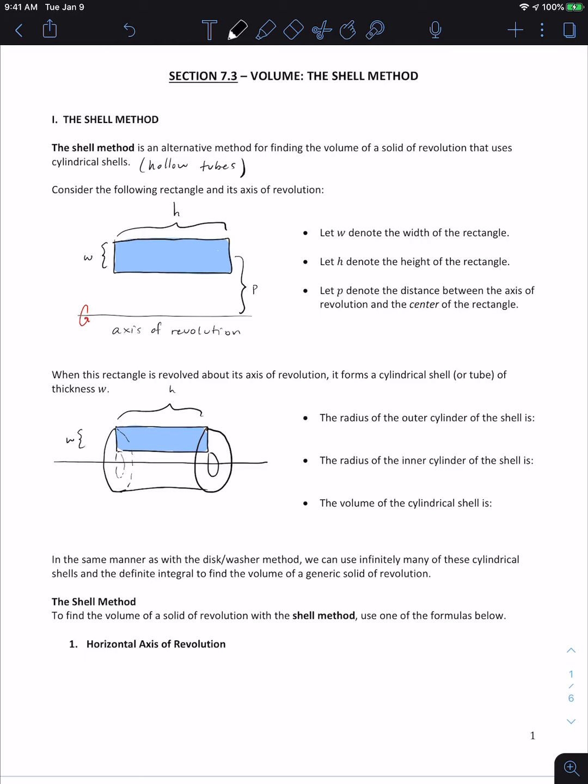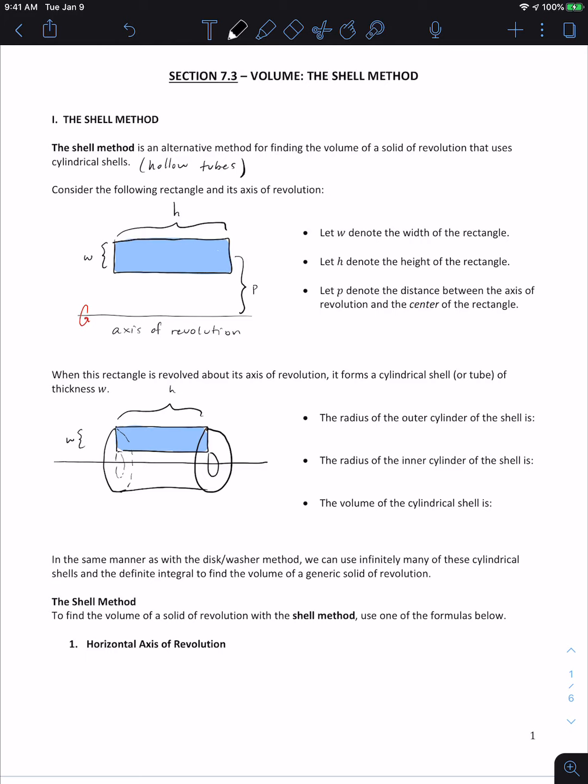So the outer radius of the cylinder, the shell, because we think about this big hollow tube. If I was going to try to find a volume of it, I would need to find the volume of the entire thick full shell with no hole in it, and then subtract the volume of the center, and that would give me the volume of the hollow tube, the shell.